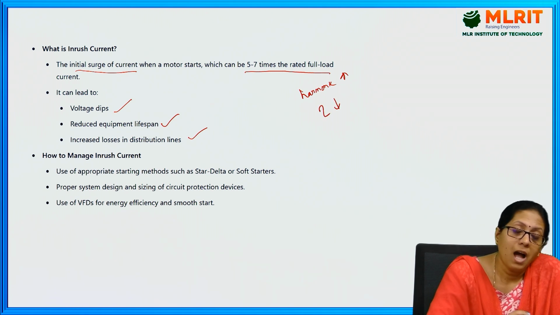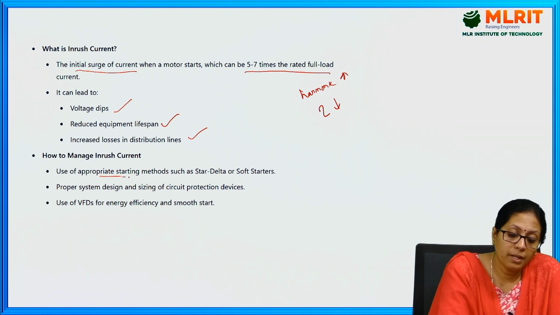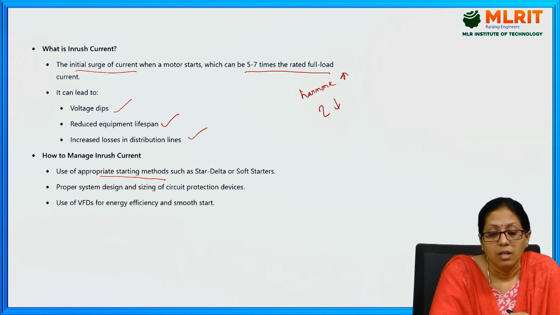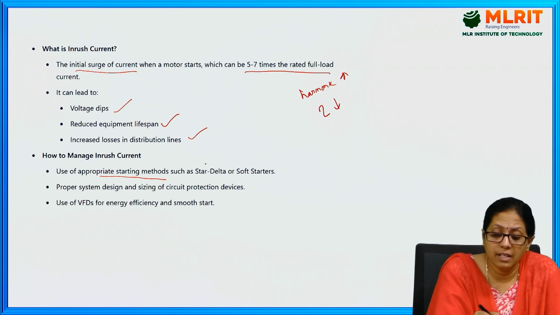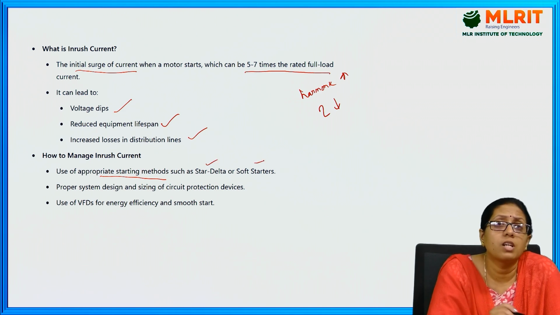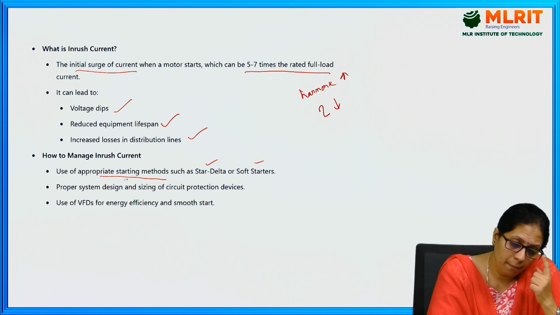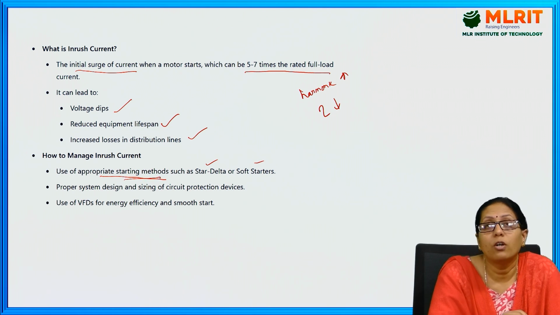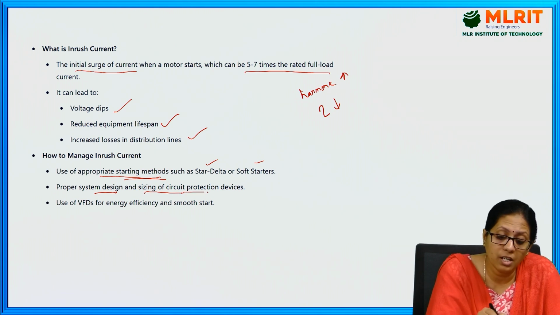So, how to manage the inrush current? By using the appropriate starting methods. Like previously we have seen different starting methods like DOL, star delta, soft starters and VFDs. So, we should use the appropriate starting methods in order to manage the inrush current, and proper system design and sizing of the circuit protection devices.